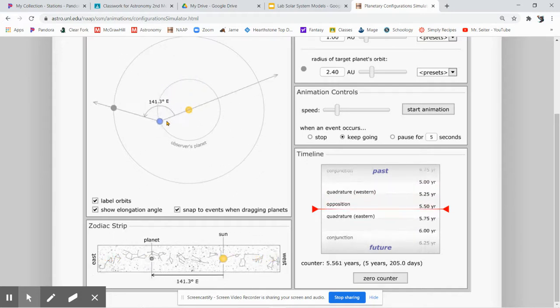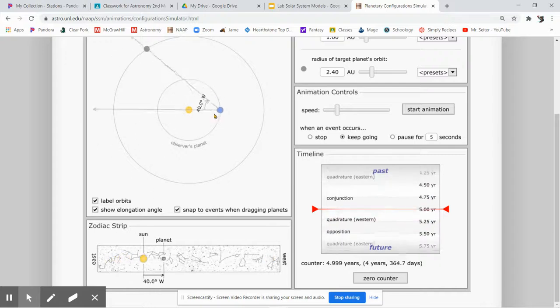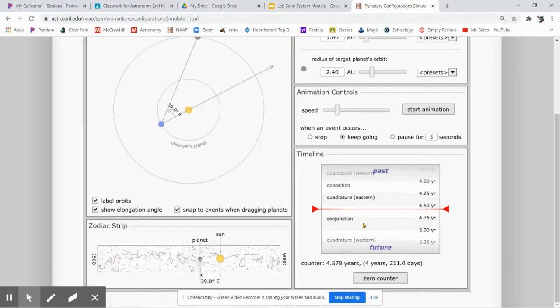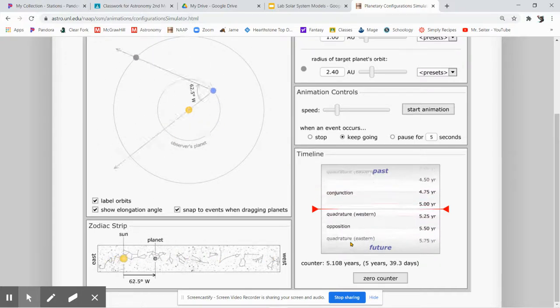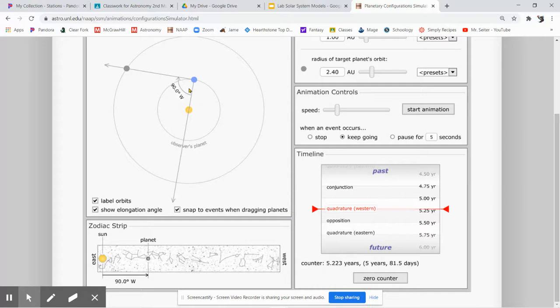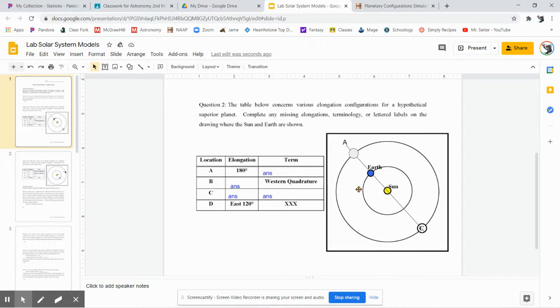It's not going to work the way I would like it to, but anyway, we'll go to Western quadrature. Boom. All right. And it's going to be 90 degrees west of the sun. So if we come back here, B would be over here.